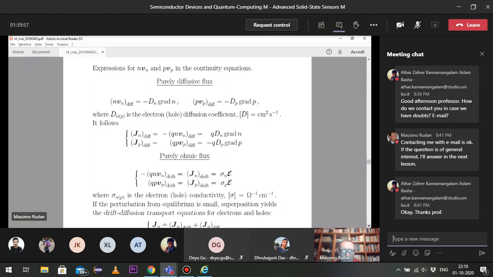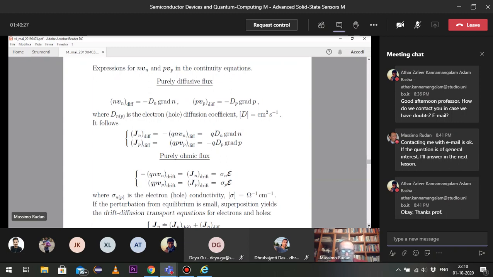So the minus sign cancels, and the diffusive component of Jn is plus q Dn gradient of n. Similarly, when we want to express the hole current density, we multiply by plus q. So we have minus q Dp gradient of p.